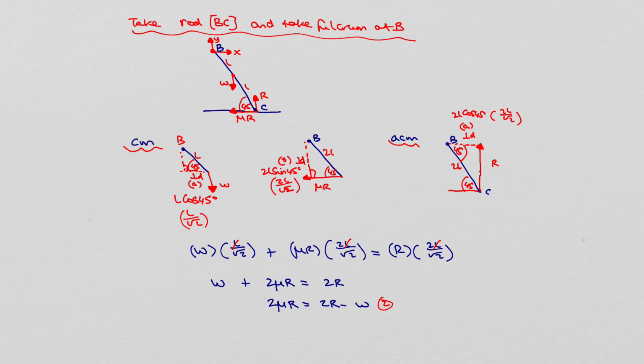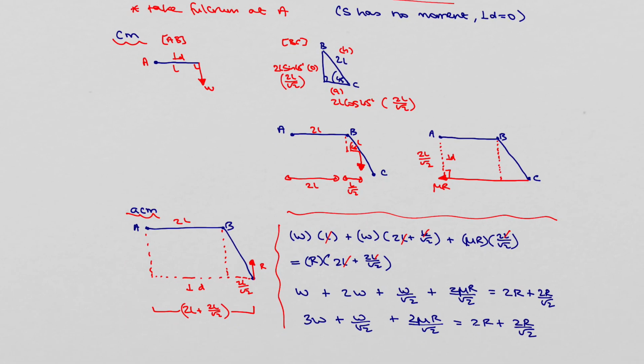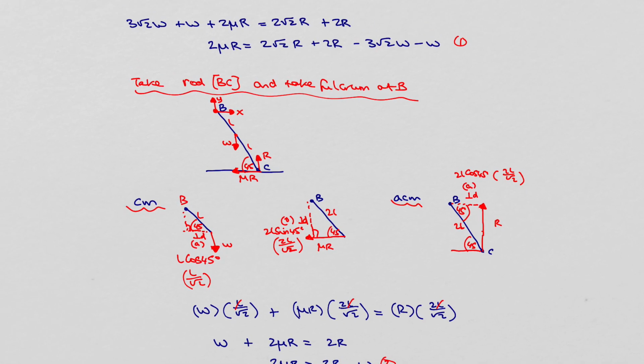So by equating 1 and 2, we have 2R minus W is equal to 2 root 2 R plus 2R minus W minus 3 root 2 W. So now all I want to do is bring my Rs to one side and the Ws to the other side.